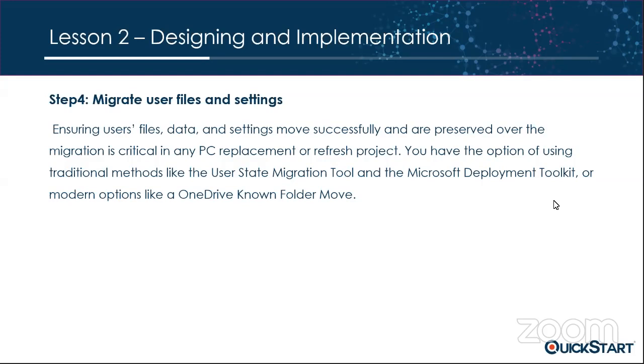You can install this USMT in the SCCM, and you can automate the things as much as you can. Both these solutions, MDT and USMT, are part of the end-to-end deployment process. So USMT is a part of the Windows Assessment and Deployment Kit.